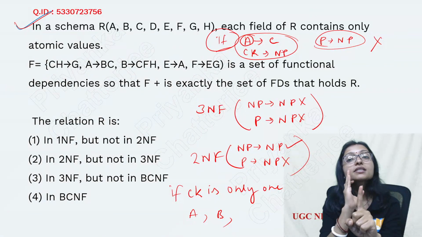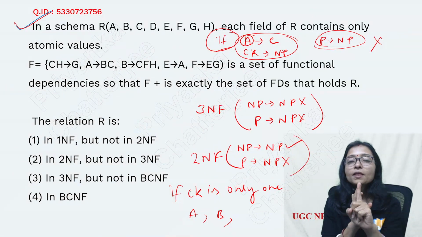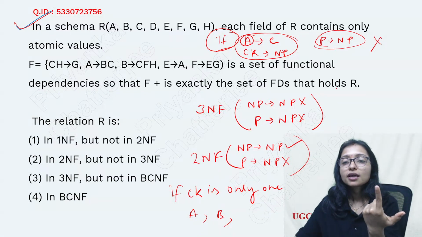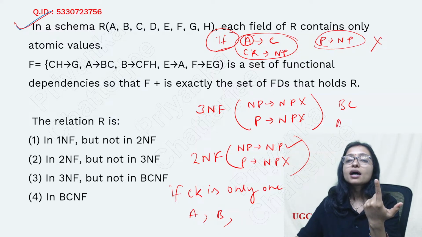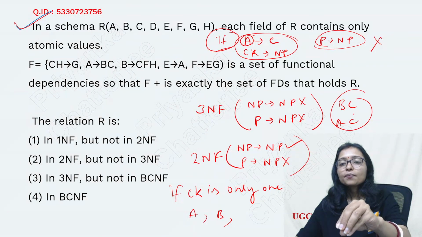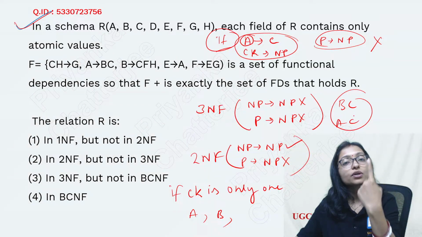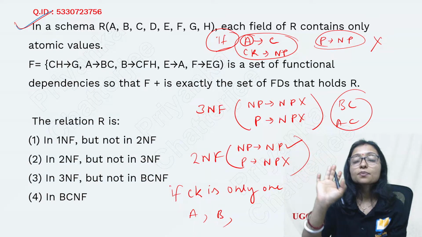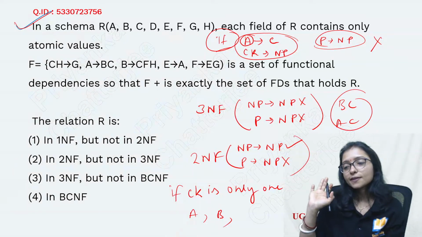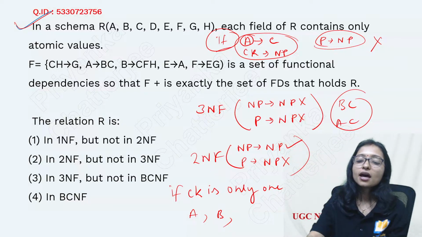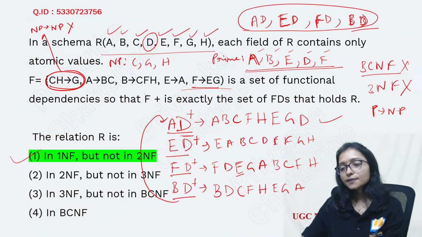Prime always means part of a candidate key, like BC together, AD together. One single attribute making a candidate key is not treated as prime at all; it is a full candidate key. Sometimes questions come like this and students make mistakes, so don't make that mistake.